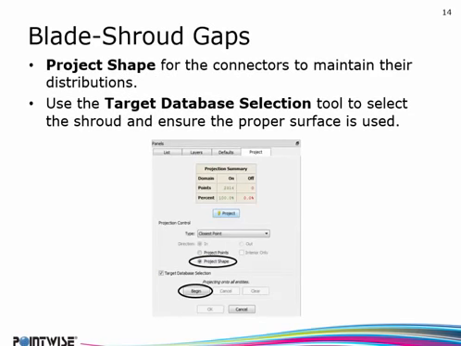Okay. And this next slide, the slide I thought I updated, so there's a little bit of difference here between the slide and what we're actually going to do. So for the domain and the domain's connectors, I'm actually going to use this top option, project points, and not project shape. There's an interesting difference in this particular case.